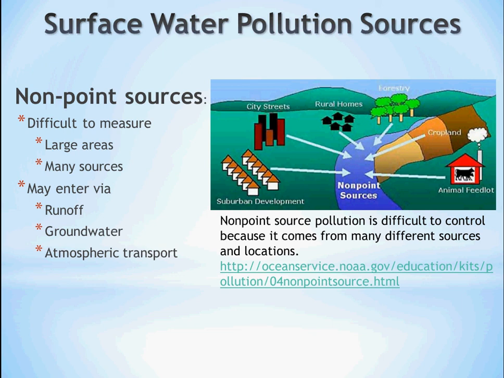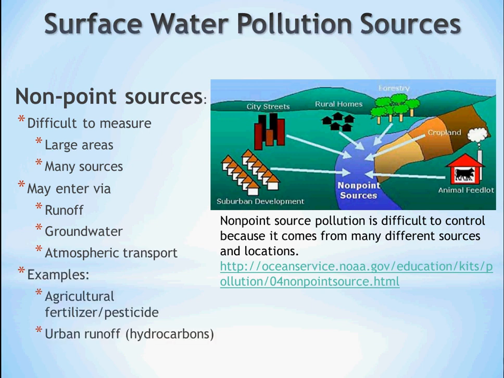They can enter streams through overland flow or groundwater, or can even be transported in on air. Some examples are agricultural fertilizer and pesticide runoff, as well as urban runoff, which you heard Amanda talk about in how she's trying to use her stormwater gardens to mitigate urban runoff problems.